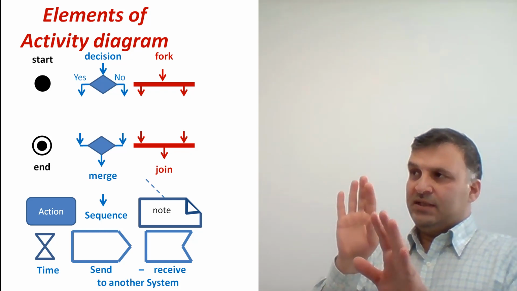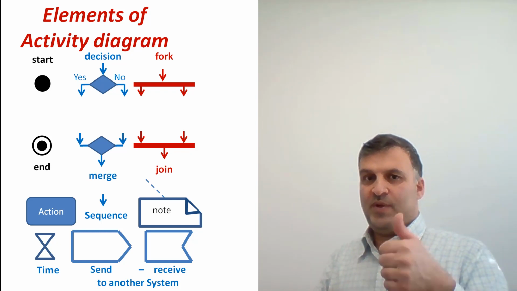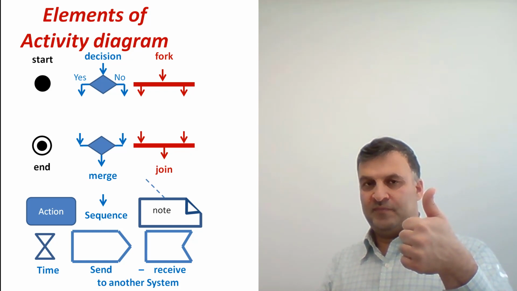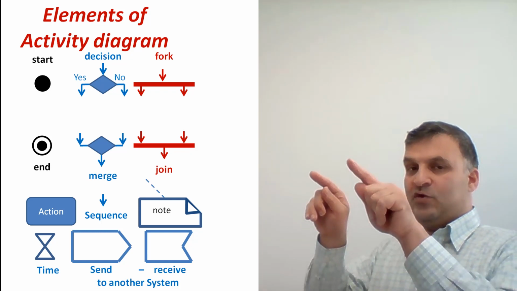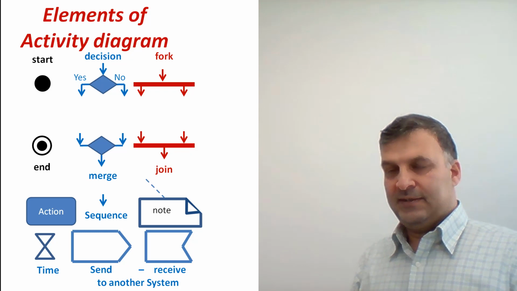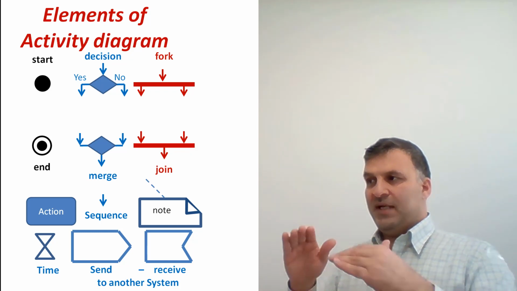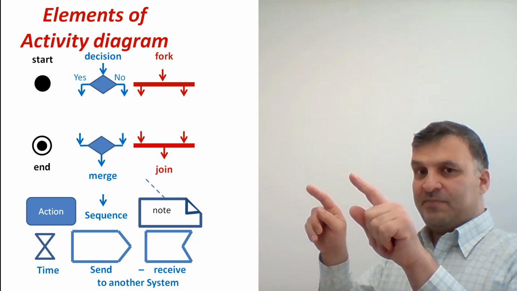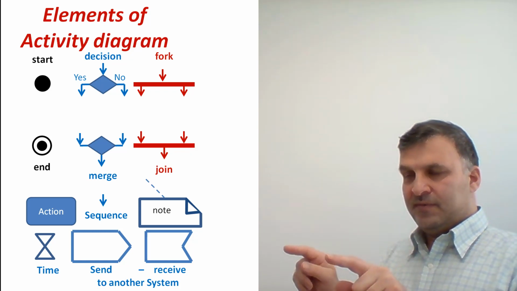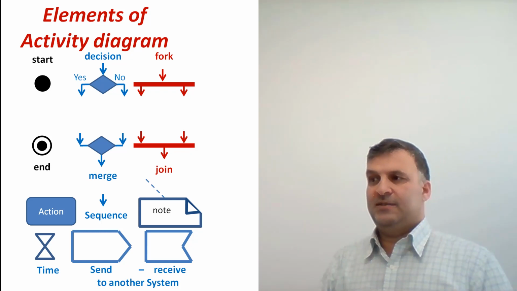The difference between the fork and decision: with decision usually we use one path only, but with fork we should execute the two paths in parallel. It is not necessary exactly at the same time, but to continue our execution, both of these paths should be executed. After that, we will continue the execution of all the activity.